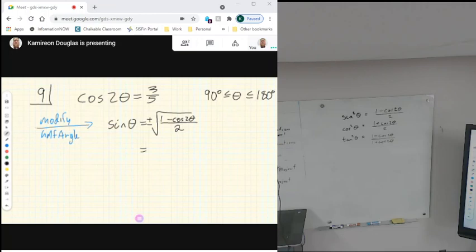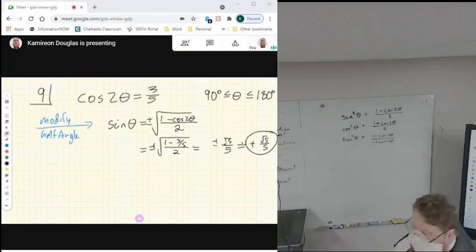I end up with plus or minus the square root of (1 minus 3/5) all over 2. And then you just solve. In this case, you get plus or minus square root of 5 over 5 as your solution. And because you are in quadrant 2, it should be positive, so it's equal to the positive square root of 5 over 5. That first step's wonky because it has to use the modified formula. So this does not perfectly match the one on our cheat sheet, but it is still the same formula.